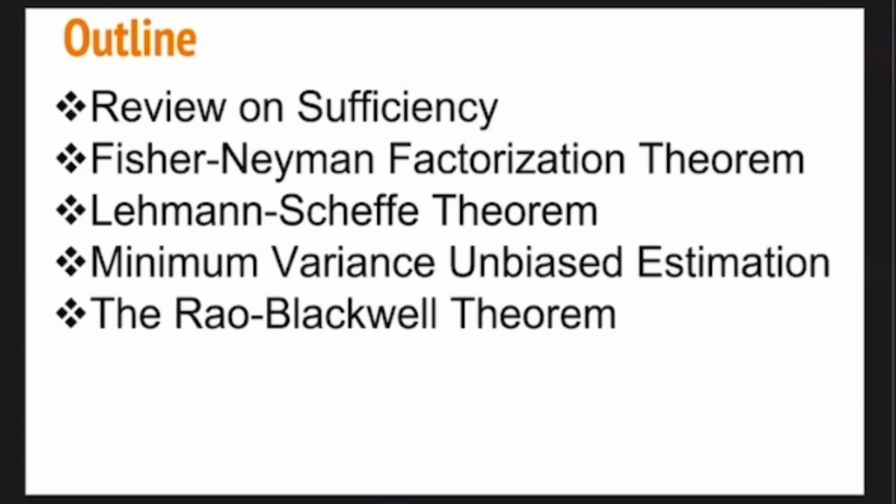Let me first tell you this. What is the connection between all of these? The Rao-Blackwell theorem actually makes use of the idea of Fisher-Neyman factorization, for us to be able to derive minimum variance unbiased estimator.